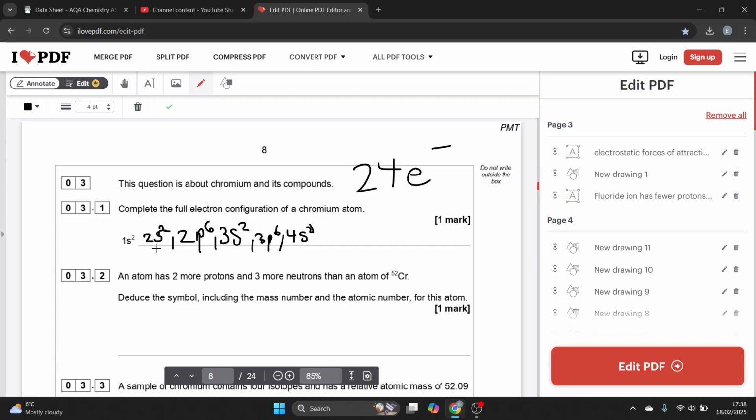So I've got 2 plus 2 is 4, plus 6, plus 2, plus 6, plus 2. That's 20 electrons, so I need 4 more.